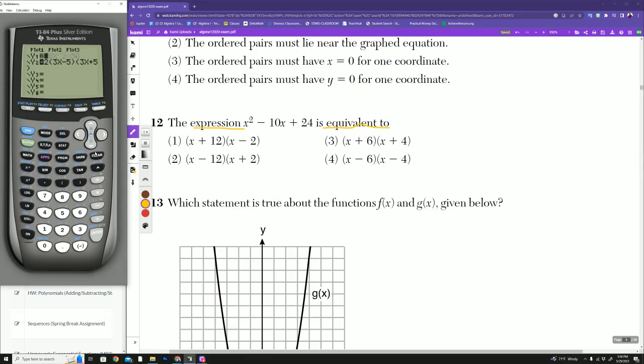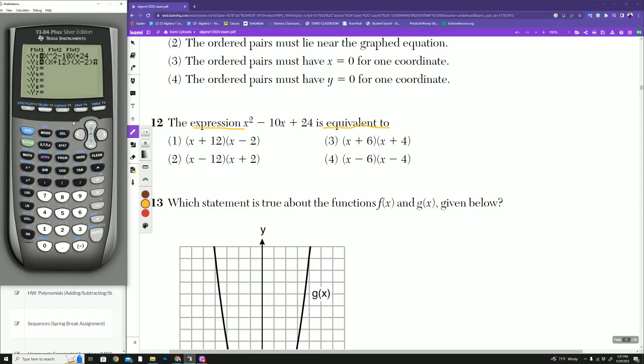We're going to clear out the two y equals, and my first one is going to be the one from the question, x to the second power minus 10x plus 24. Go down. Now let's put option 1, x plus 12, close parentheses, x minus 2.